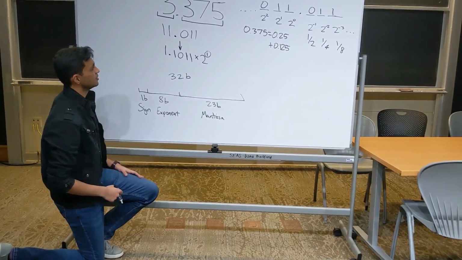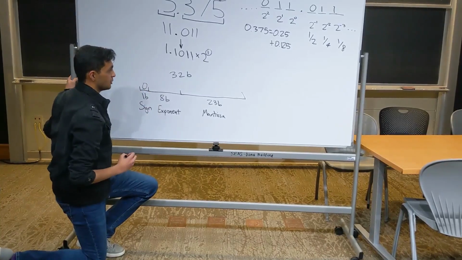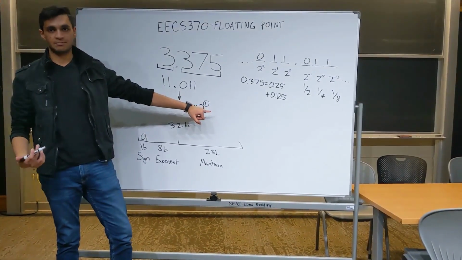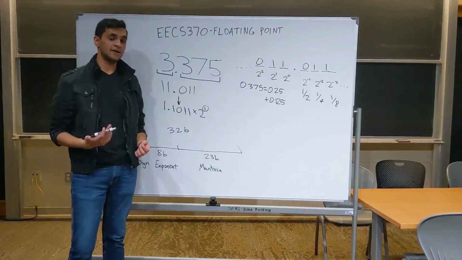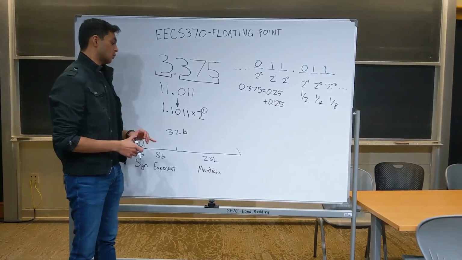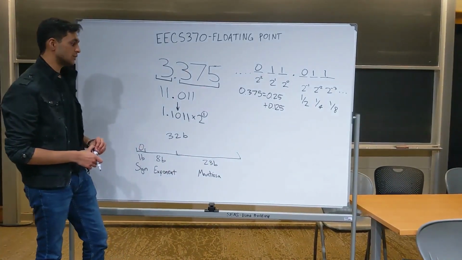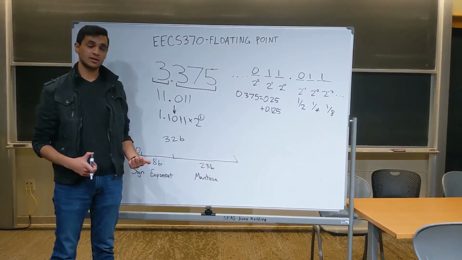So with the sign bit, we have a positive number here, so our sign bit's going to be 0. Then with the exponent bits, it's not enough just to take this value here, convert it to 8 bits of binary, and shove that here, because we also want to be able to represent negative exponent values with our 32-bit binary sequence. So what we actually do is we offset our exponent value here by 127.